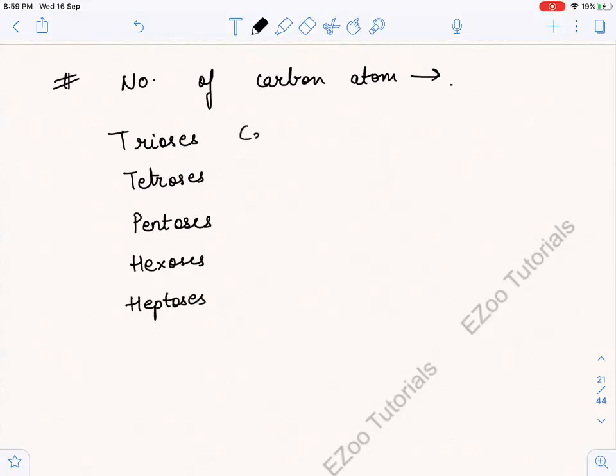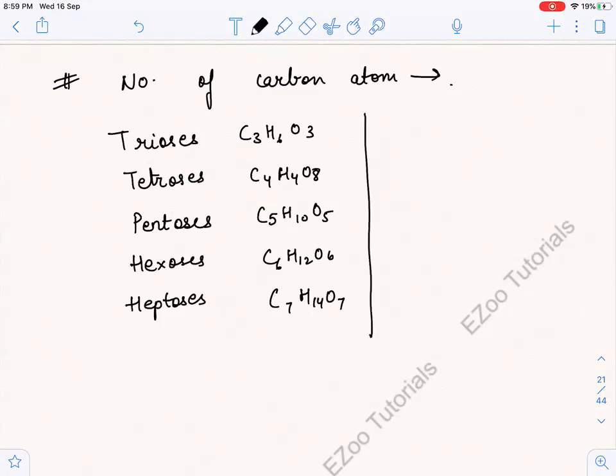Let me quickly write the formulas: C3H6O3, C4H8O4, C5H10O5, C6H12O6, C7H14O7. Right, now we will write a few examples of it. We can write it in the aldoses form and in the ketoses form. We will write the examples first in the aldoses form and then in the ketoses form. Right. So the first example can be glyceraldehyde.